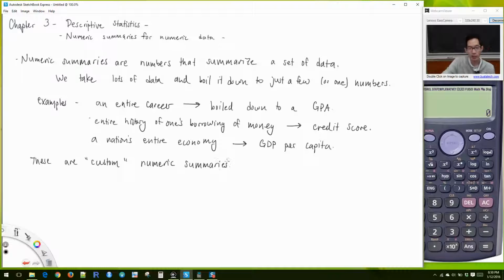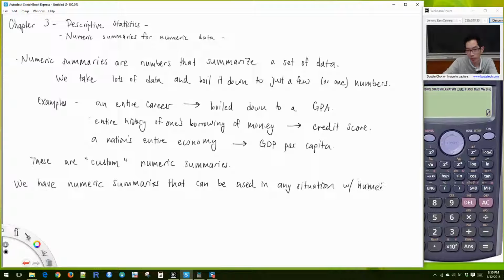Okay, and in our class, we're going to talk about basically two groups of numeric summaries that can be applied to any situation where we have numeric data. Okay, so we have numeric summaries that can be used in any situation with numeric data.